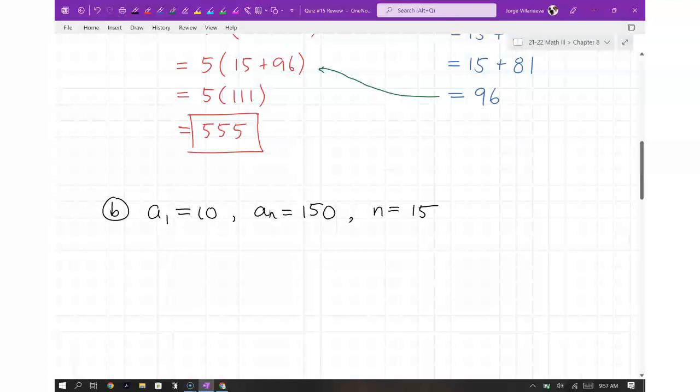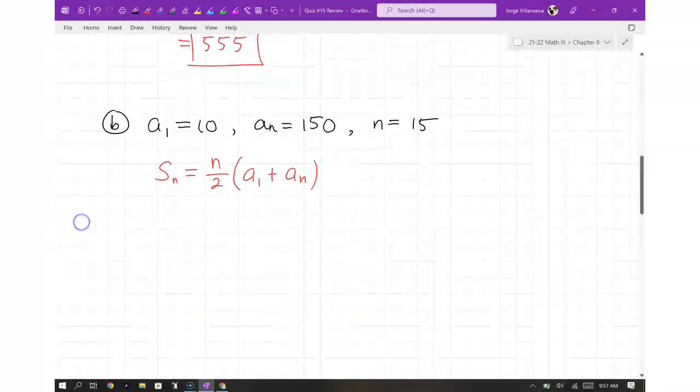Now these are a little bit easier than the ones we just did, because here they give me everything I need. Okay, S sub n is equal to n over 2 times (a sub 1 plus a sub n). That's my equation. Okay, now they gave me n.